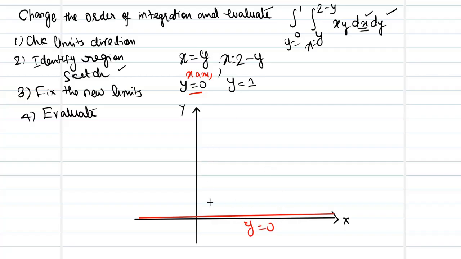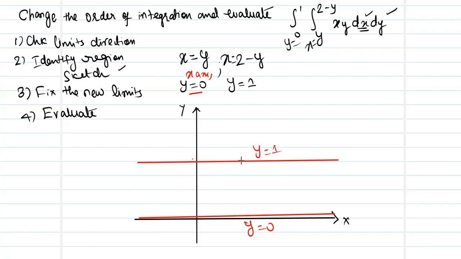Next, y equal to 1. What will be y equal to 1? y equal to 1 is a line which is going to be just parallel to this line called y equal to 0. So when we have it, we can draw it over here. So this is my line called y equal to 1.